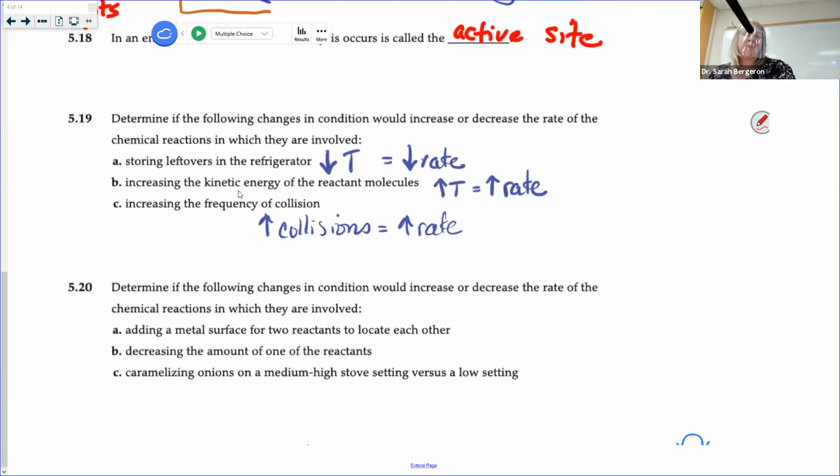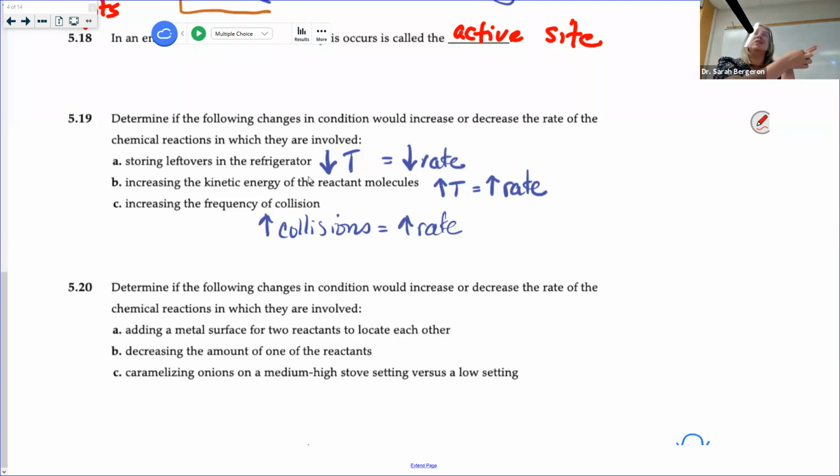Okay, so let's see if we can predict some things that will happen. Determine if the following changes in condition would increase or decrease the rate of chemical reactions in which they are involved. So adding a metal surface for two reactants to locate each other. If you have a solid metal, and this solid metal is allowing the two reactants to come and sit on it and get in close proximity to one another, what do you think?